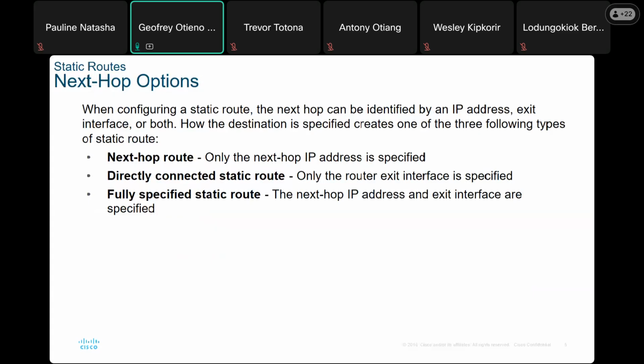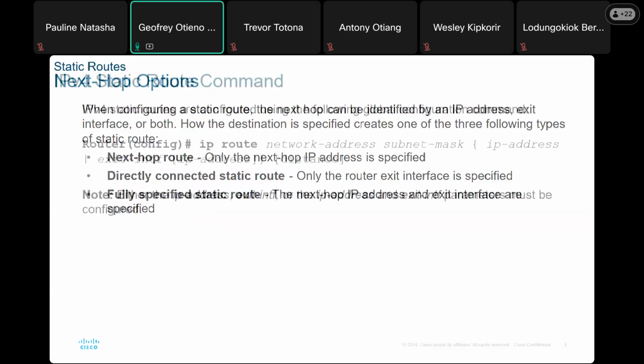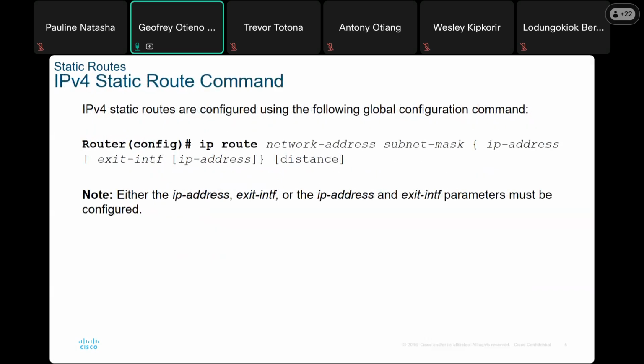Then you can also set the directly connected static route, where only the exit interface will be required. That means you're not going to use the IP address of that particular interface. Or you can do what I call fully specified, where both IP address and exit interface will be used. So these are the three main types of next hop options that you can set whenever configuring a static route.